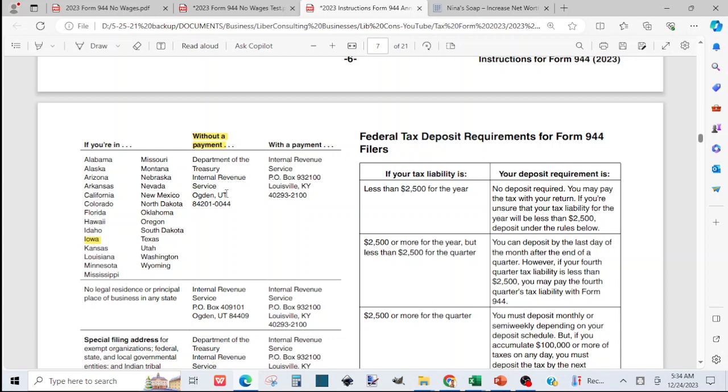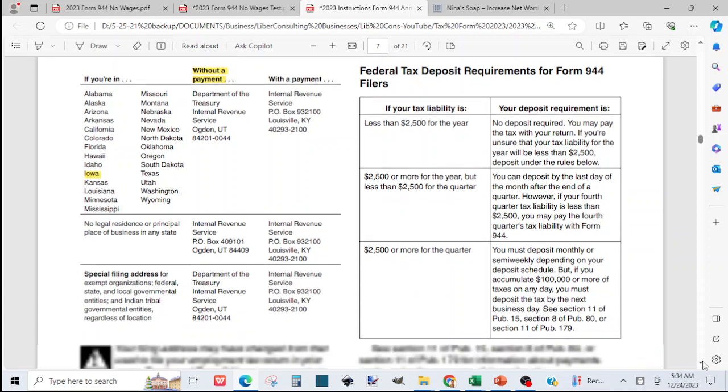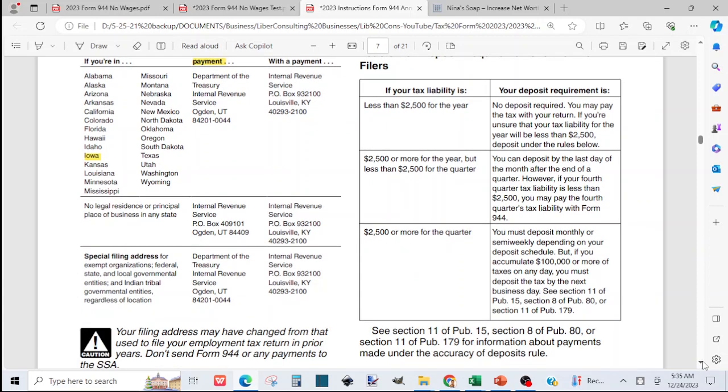You keep the receipt from the post office with the form that you printed out for your business record. You keep all of that. You file it properly for your business record, and that is how you fill out Form 944 for 2023.